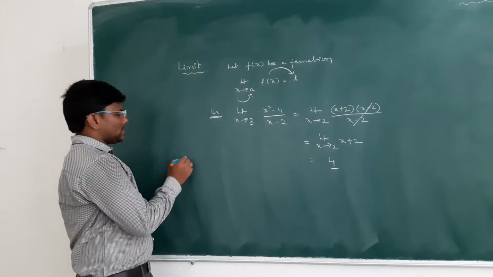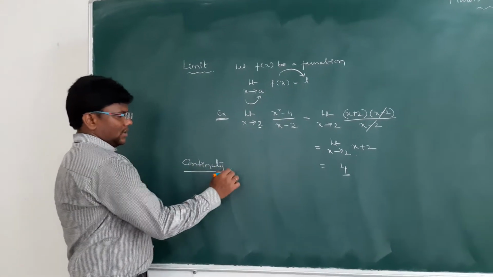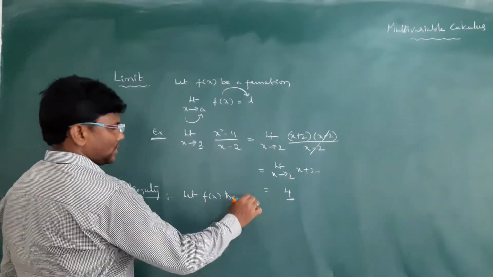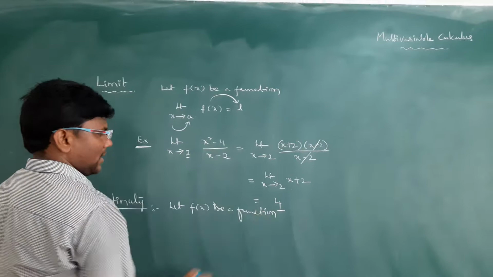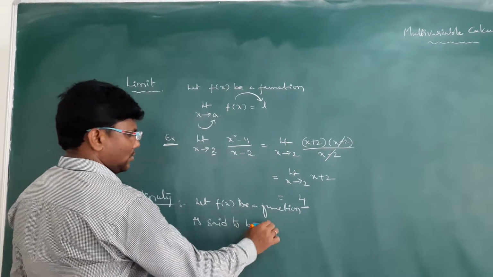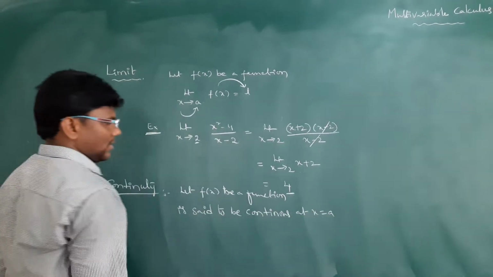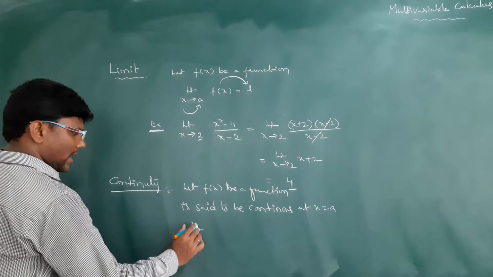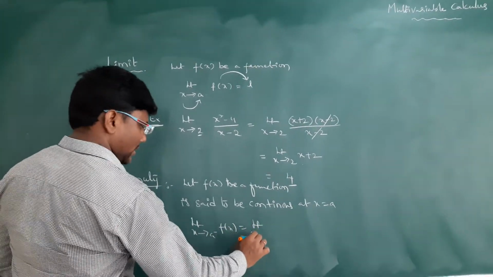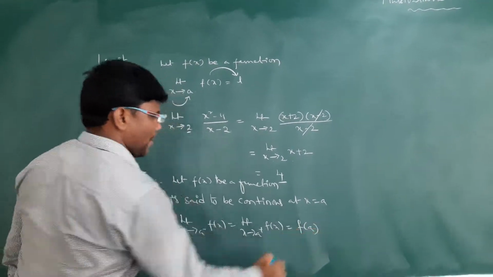Next, what is the continuity of a function of a single variable? Let f of x be a function. The function is said to be continuous at x is equal to a if the left hand limit, limit x tends to a minus f of x, is equal to the right hand limit, limit x tends to a plus f of x, and it is equal to f of a.